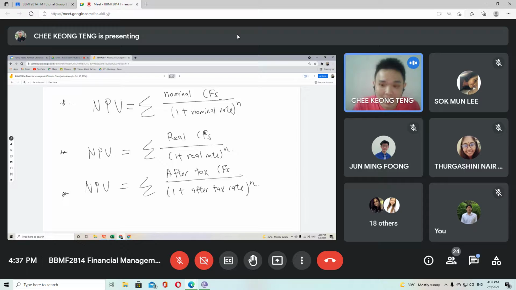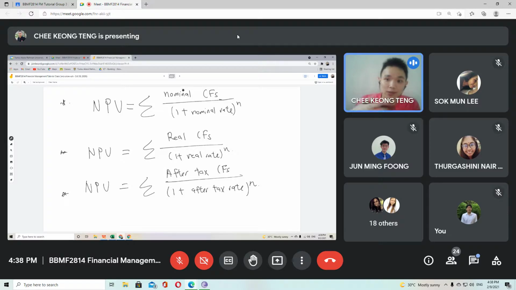Okay, for real cash flow, if the question gives you everything in real terms, excluding inflation, make sure you discount it by the real rate. Why do I need to revise this one? Because the question could give you everything in nominal.